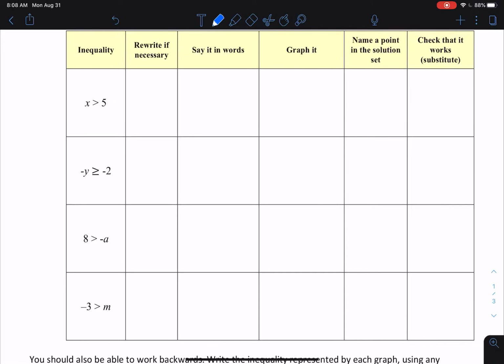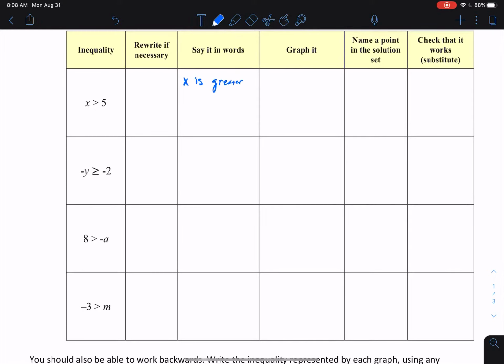So the first one says x is bigger than 5. Our variable's first, and it's simplified. If we want to say this in words, we can say x is greater than 5. If I wanted to graph this on a number line, I'm just going to make a number line real quick. Start at 5.